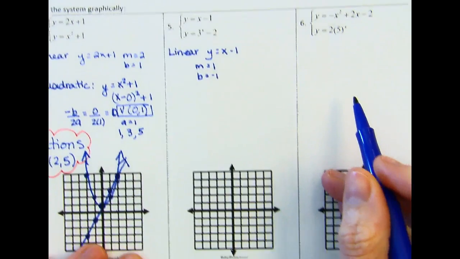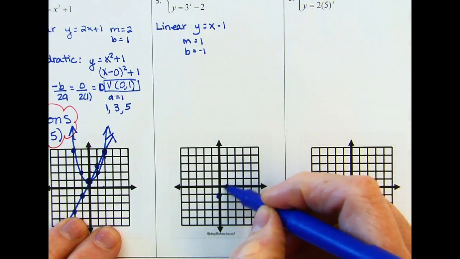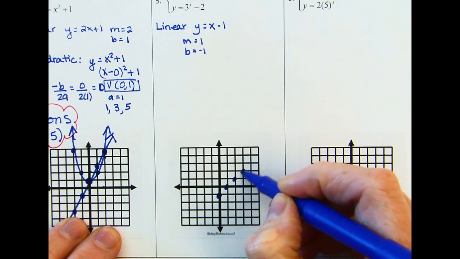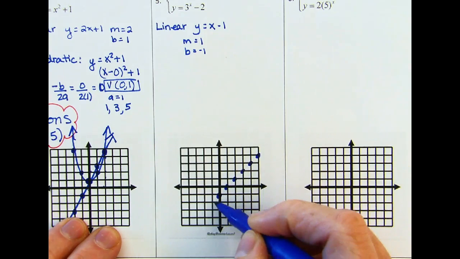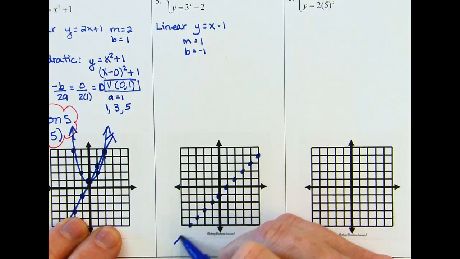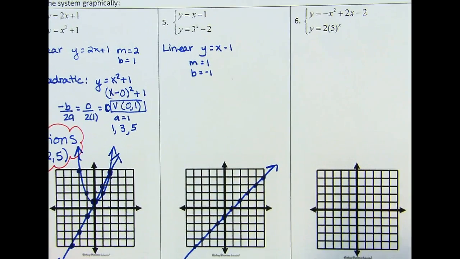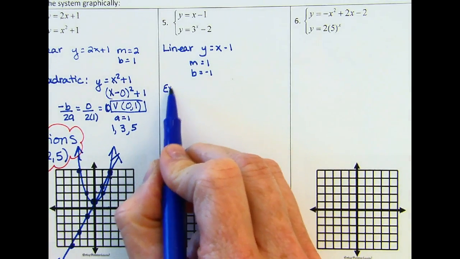So we can come down to graph it. Once again, make all of your lattice points as we need to be very accurate. So there's the line. Now we need to do this exponential graph.